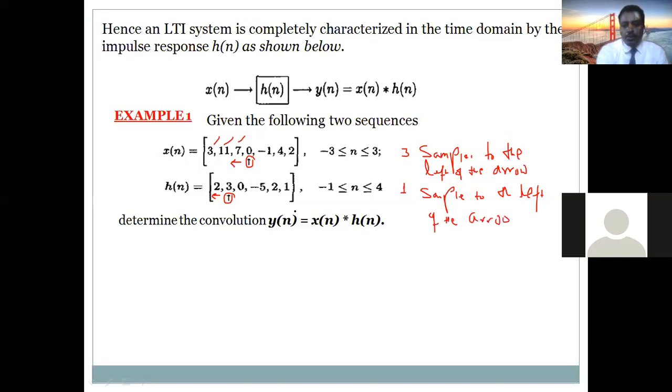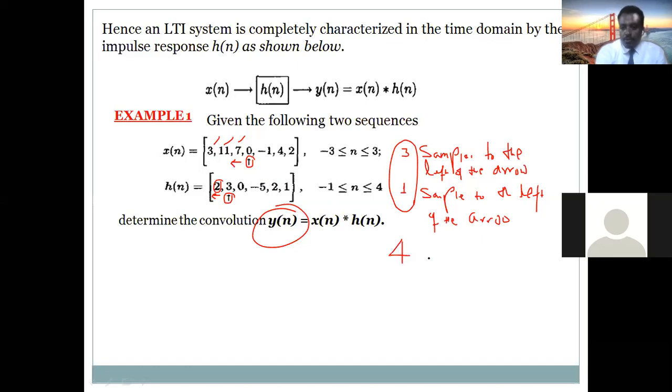Now, for the output, how many samples to the left of the arrow? We have to add this. Okay. How many samples to the left of the arrow for input? 3. How many samples to the left of the arrow for impulse response? Only 1. So number of samples to the left of the arrow for output will be the summation of these two. So 3 plus 1, it will be 4.